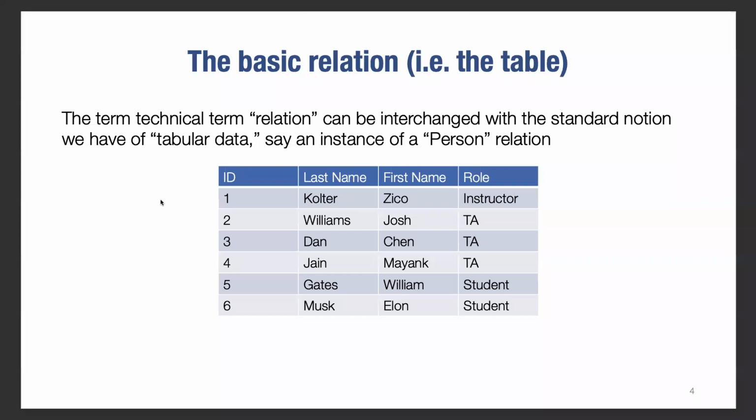So now it says, what is a relation? What's a relation with respect to data? Relational data, or RDBMSs, that's relational database management systems, typically involve using tables. Tables are the bedrock of relational data.